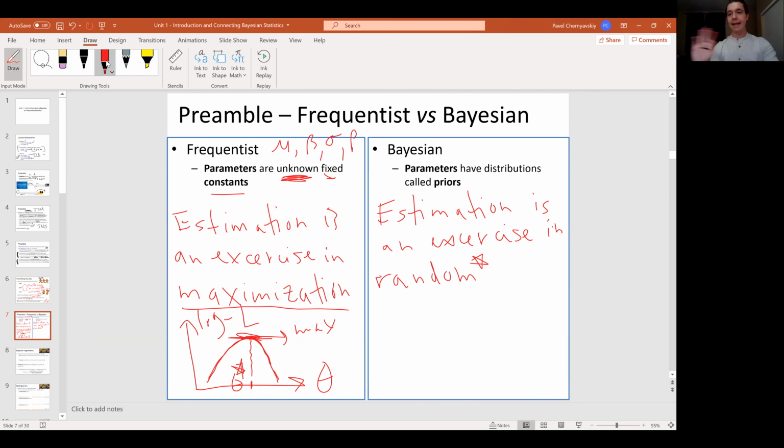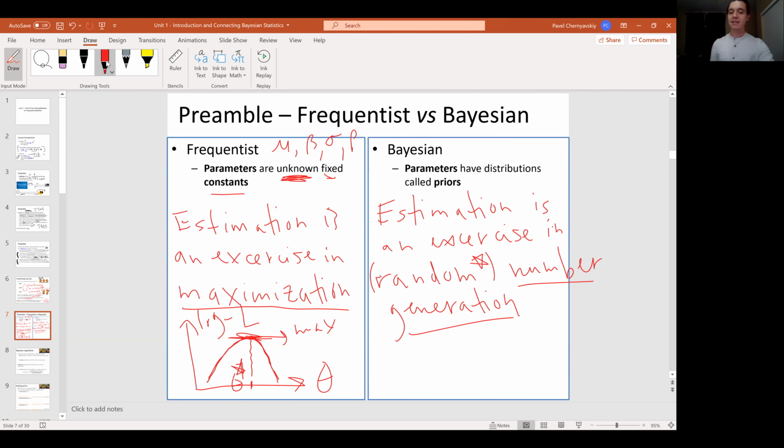It's not just any old number, but it's number generation. Random number generation. You are generating values of your parameter from what you hope to be a target function. And I'll define much more of that later.